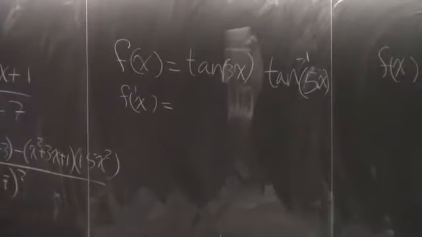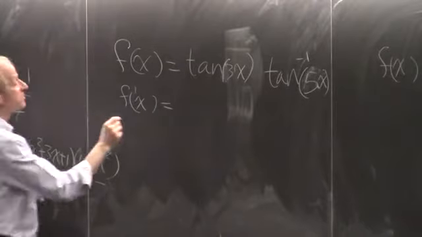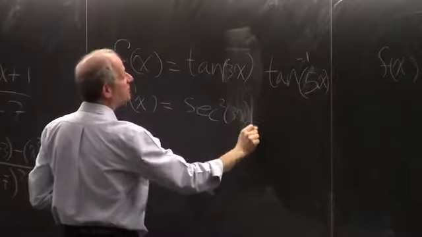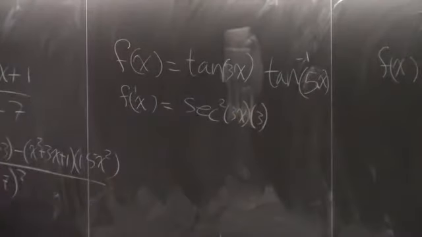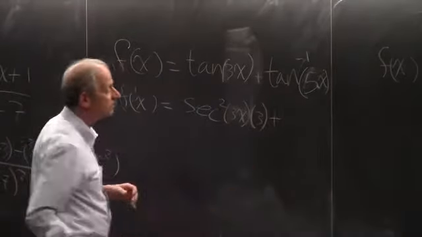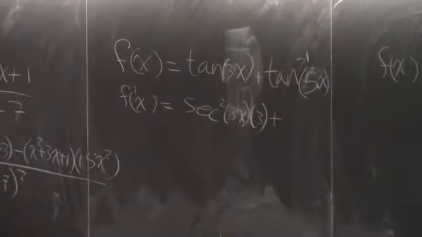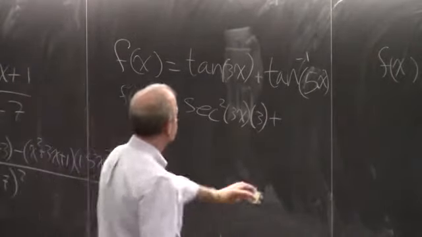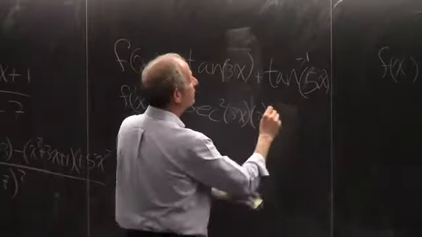Derivative of tangent is secant squared. So this is secant squared of 3x times 3, because you have the chain rule. Okay? What happened to my plus sign? Plus. There was a plus sign there. You want to do it as product rule? We can do it as product rule. Sure. I'll leave it as product rule. That's fine.